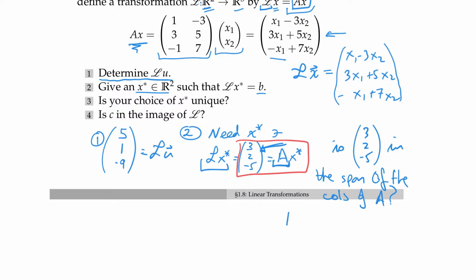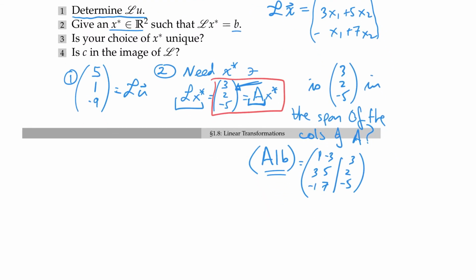Now we learned that by taking this augmented matrix and seeing if it's consistent or not. Okay, let's do that. Well, A is 1, negative 3, 3, 5, negative 1, 7, and B is 3, 2, negative 5. We row reduce this, which I'll do right now.